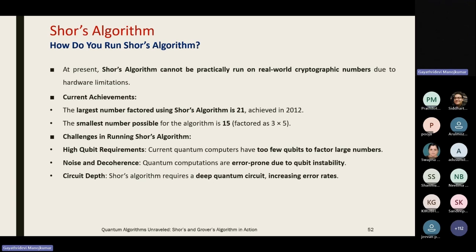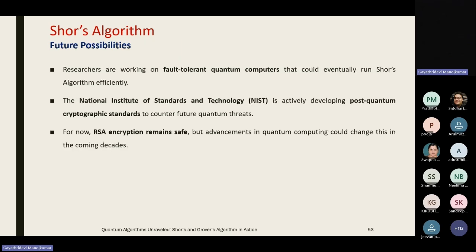And circuit depth. Surely we need to overcome the circuit depth, so that deep quantum circuits and the increasing error rate can be reduced. Researchers are working on fault-tolerant quantum computers that make Shor's algorithm effective.